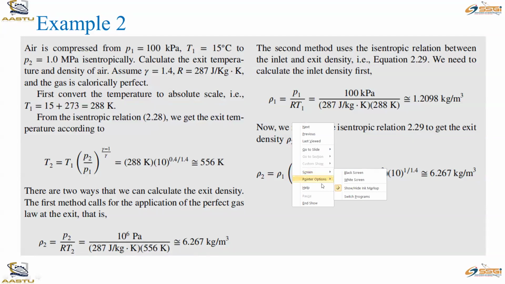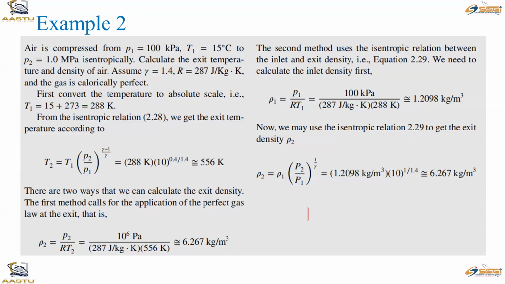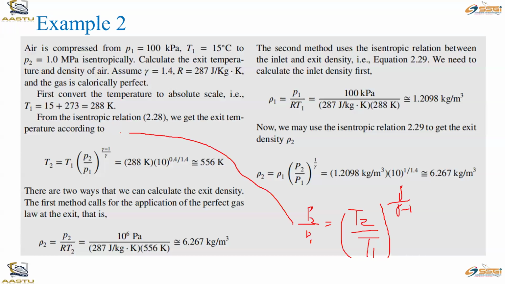Let me write it: P2 over P1 is equal to T2 over T1, to the power of gamma over gamma minus 1. So from this relation, we can rewrite this equation.